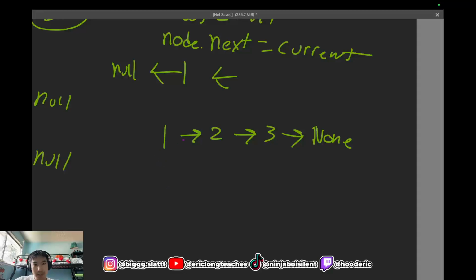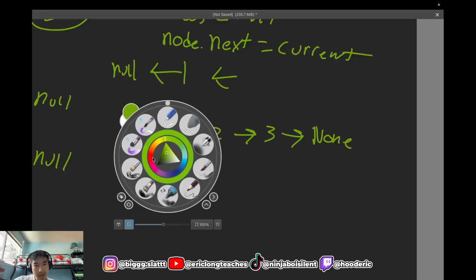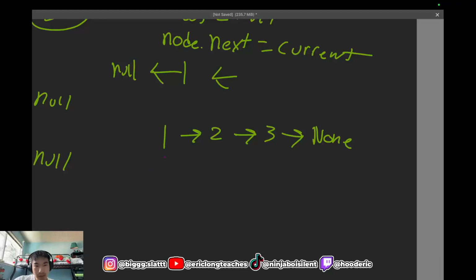Let's see if I can switch colors. Okay, this is going to be current. We want to save number 2 into something called a bucket. We could just call this bucket.